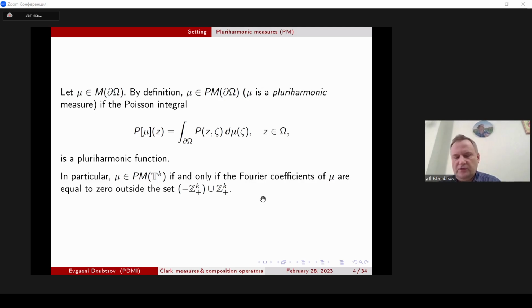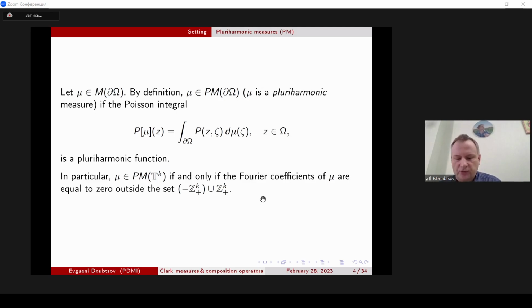And if k is sufficiently large, we still have 2 small parts, and the remaining 2^k minus 2 quadrant-like sets should not support Fourier coefficients of this measure. So at least on the polydisk, it's completely clear what it means. But even in the ball, there are also certain so-called H^{p,q} projections instead of Fourier coefficients.